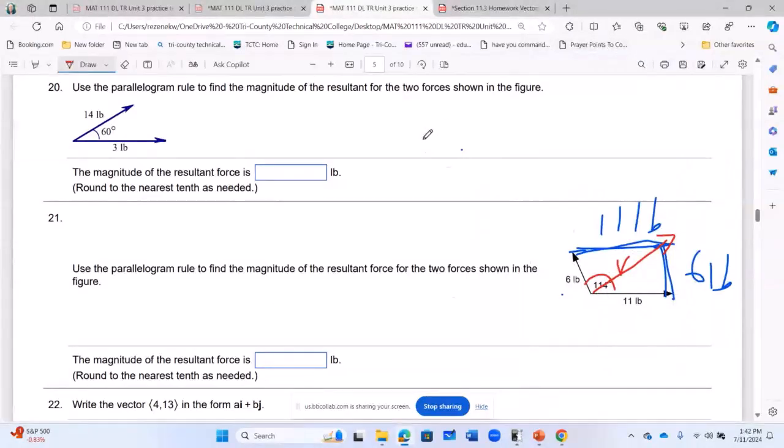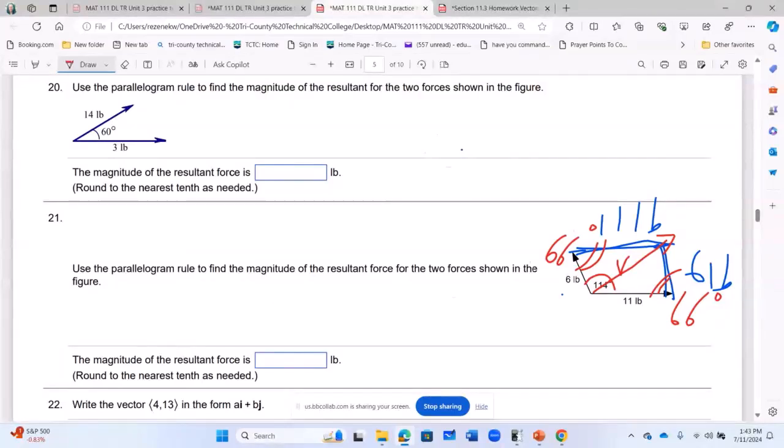So the angle here is 66 degrees, and the angle here is also 66 degrees. Opposite angles are congruent. The diagonal does not bisect the angle.